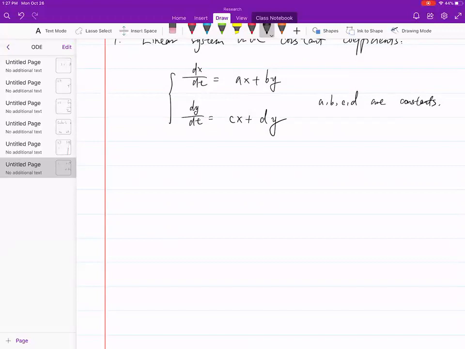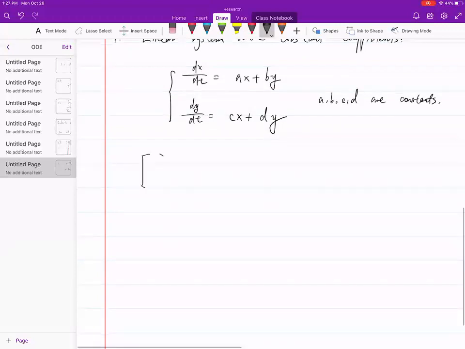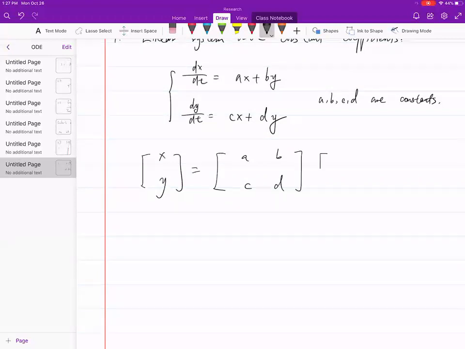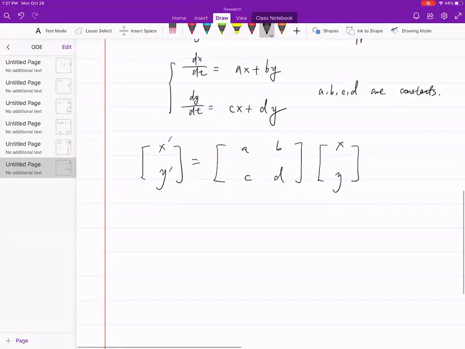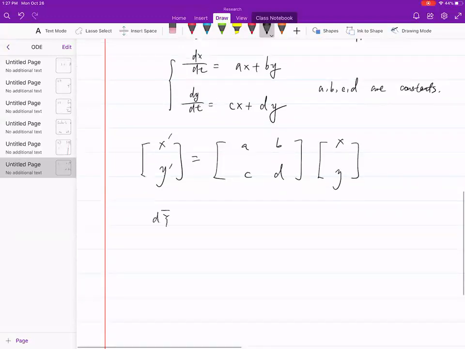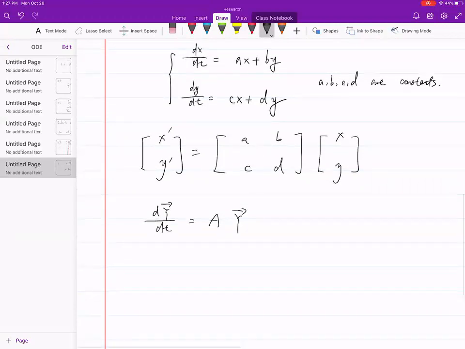Why do we care? Well, this is the only system that we can write into a matrix format. Prime prime, which is roughly something like, okay, that's why we care about this.